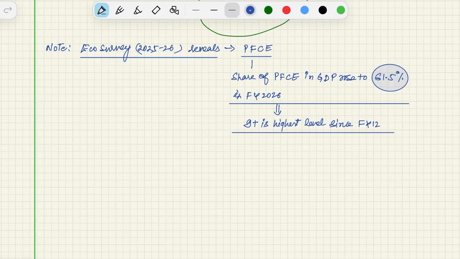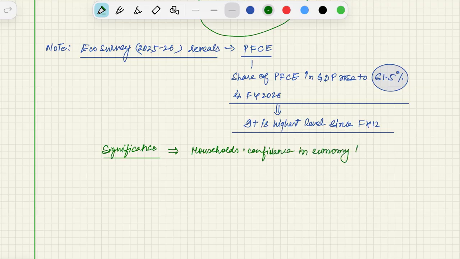What is the significance of this? If households are spending money up to this percent, that means household confidence in the economy has increased, and that confidence increment is supportive of macroeconomic strength.